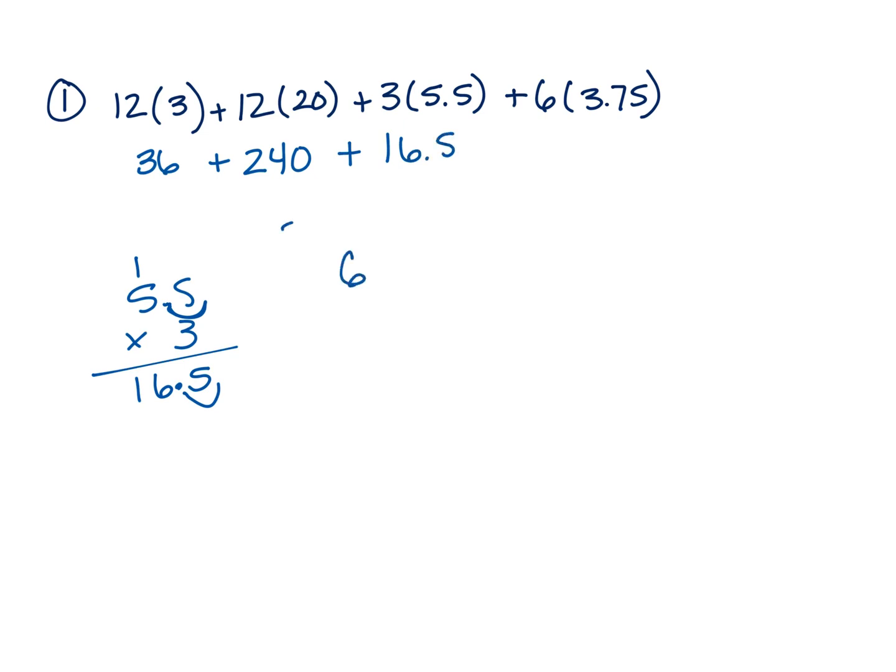And then we also have 375 times 6. That's 30. 42 plus 5 is, or plus 3 is 45. And 6 times 3 is 18. Plus 4 more makes 22. 2 decimal spots in our question, 2 decimal spots in our answer.